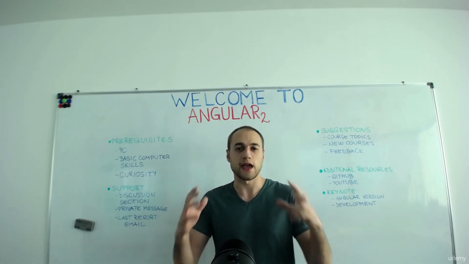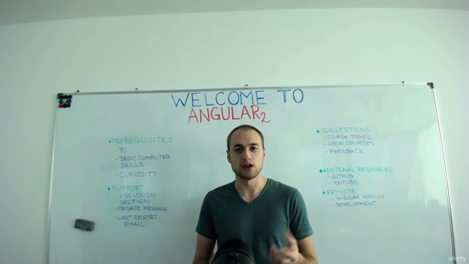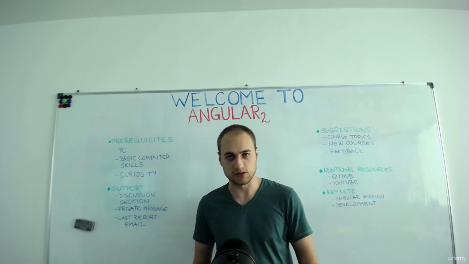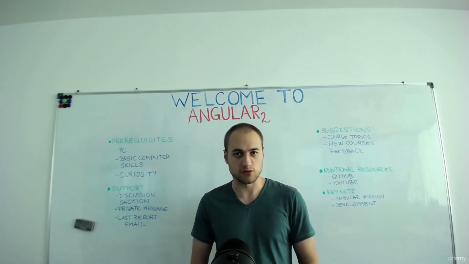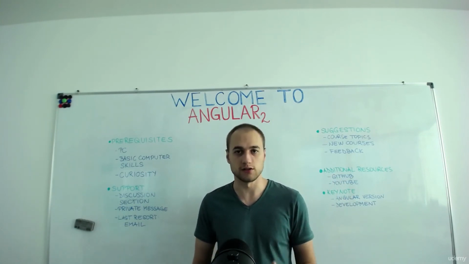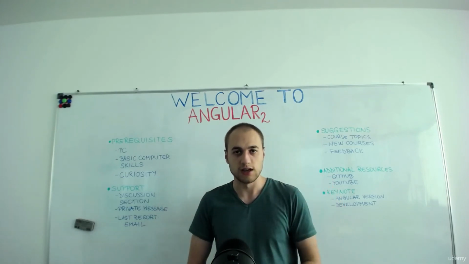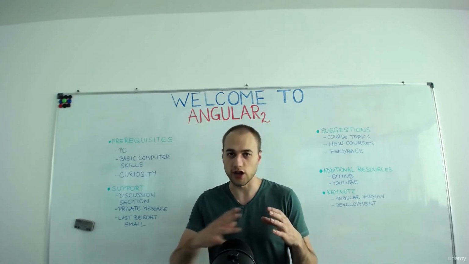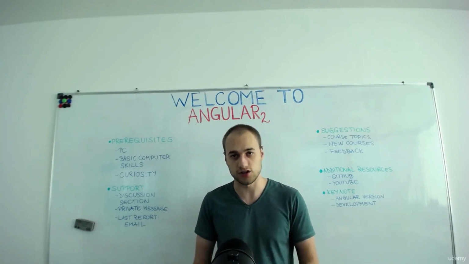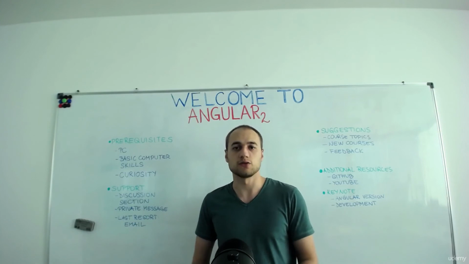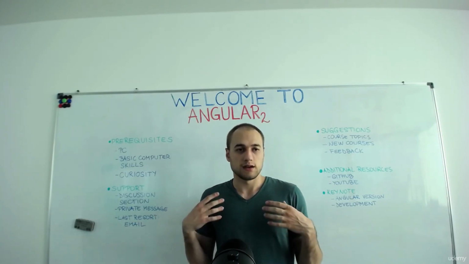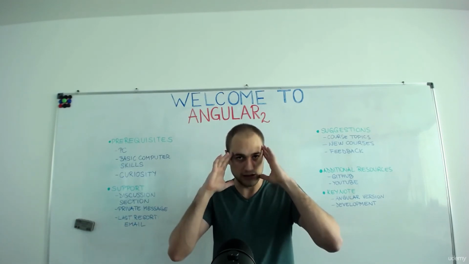So once again, Angular 2 is in a development stage. There are no stable versions of Angular 2 as of making this course. I have made this course in accordance with the material available for Angular 2 during the development stage. It is likely, if not certain, that things will change rapidly, and they are changing rapidly. I had to modify the course several times while I was actually making it. Just keep that in mind.